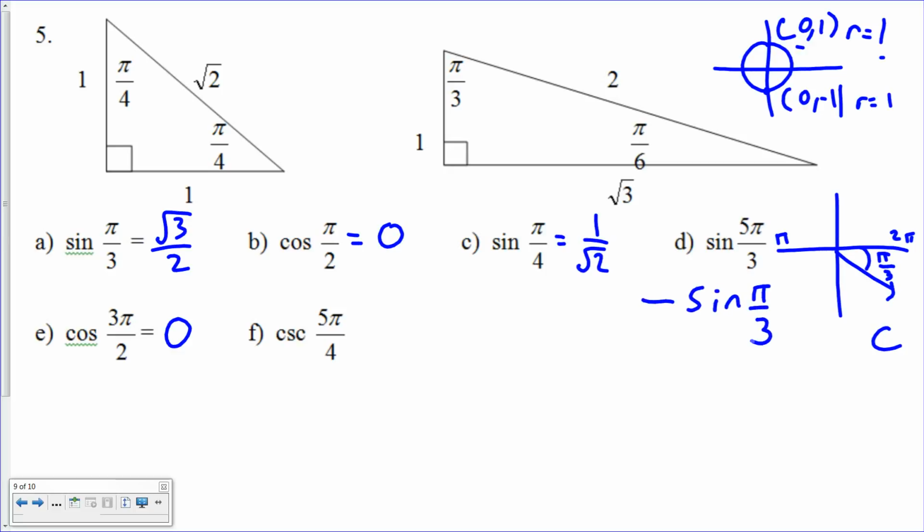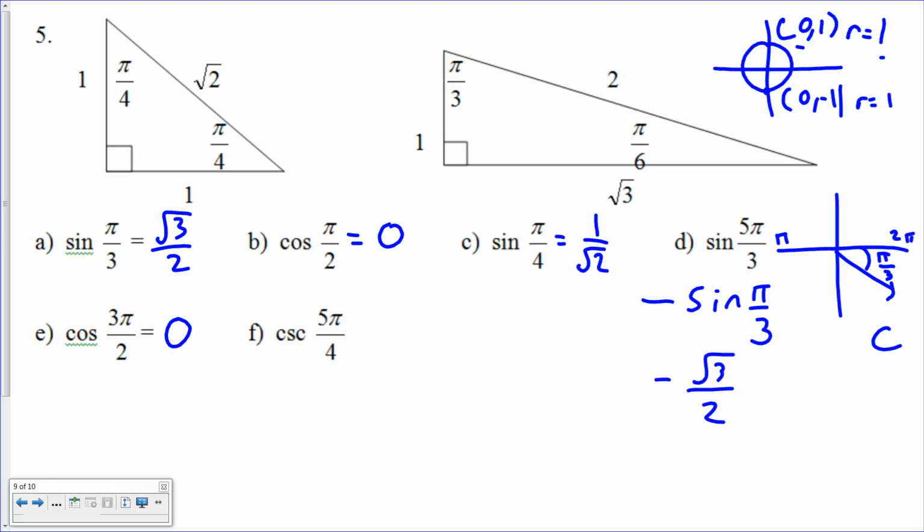And then go to my table. Don't have to deal with the triangles. Go right to my table. Sine pi over 3. I'm thinking that's the bigger angle, so it's going to be negative radical 3 over 2. Sine of the smaller angle is 1/2. Same steps. I'm not doing any converting between the two. I'm just doing it in radians.